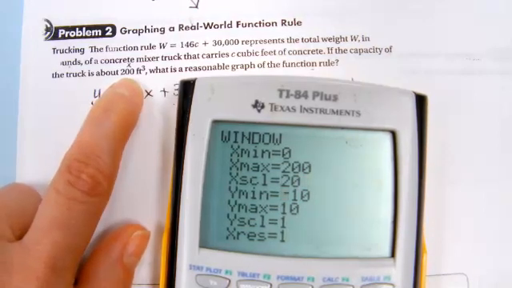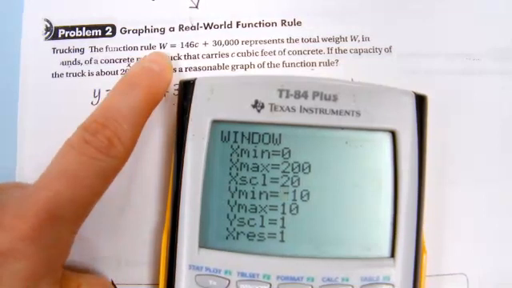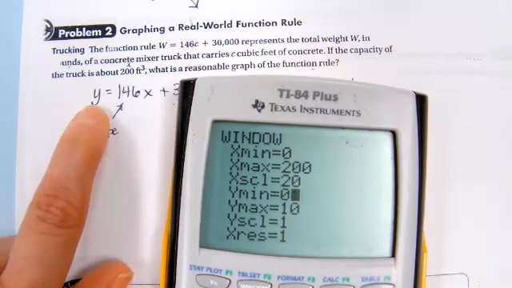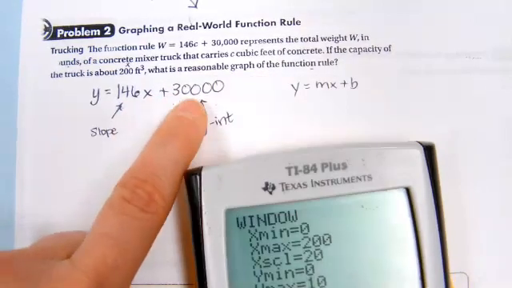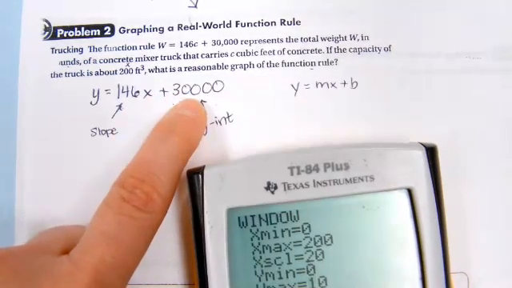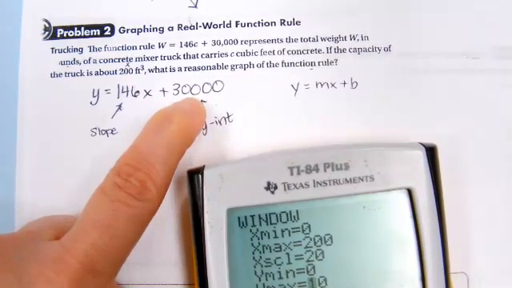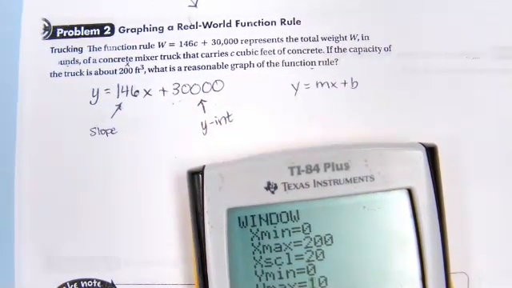Now our Y minimum, remember our Y stands for the weight. Can we have a negative weight? No. So our minimum, we can make that 0, right? The weight of the truck itself is 30,000 pounds, right? But we're adding weight to it. So what do you think maybe our maximum should be?